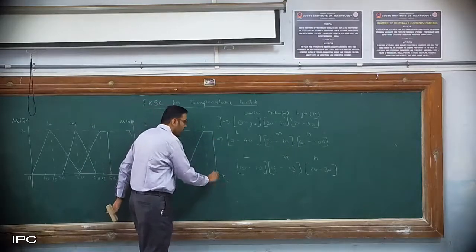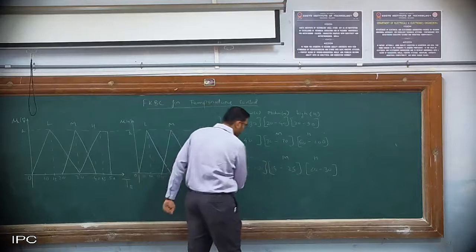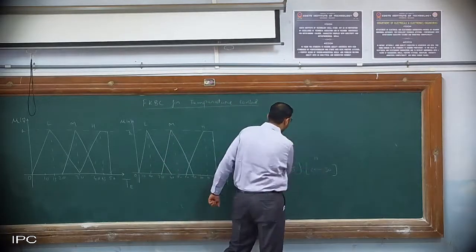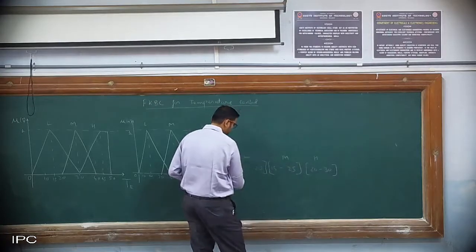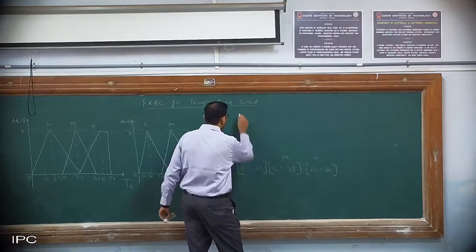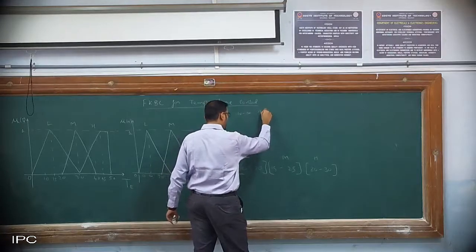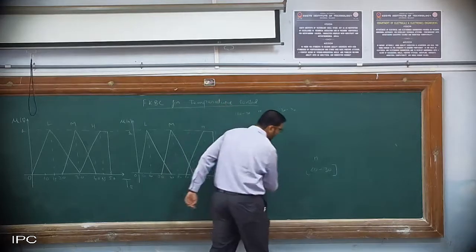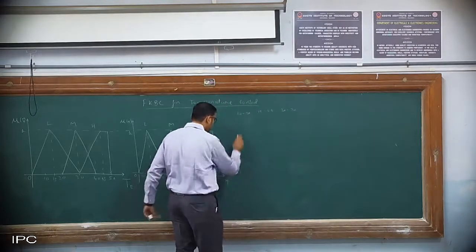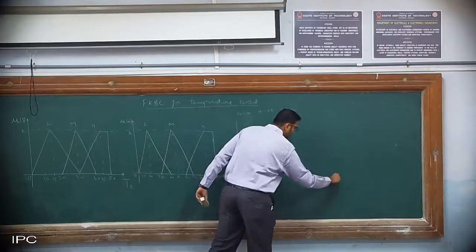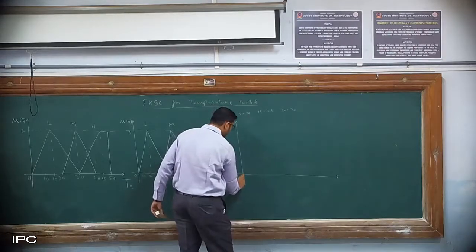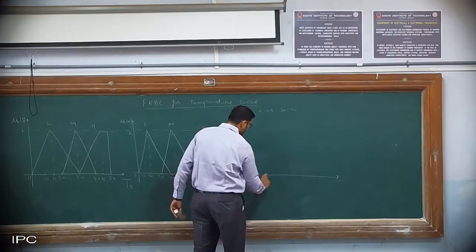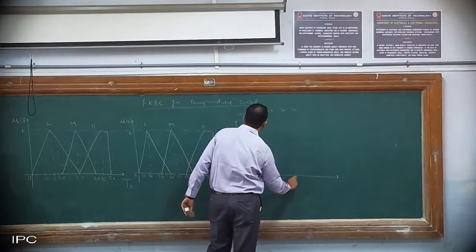And the last one is our internal temperature. So this is 10 to 20, then 15 to 25, and 20 to 30. These are the ranges we have selected. We'll just make a note of it, and then we'll draw it now. So the range starts from, let us say, 10, 15, 20, 25, and this is 30.